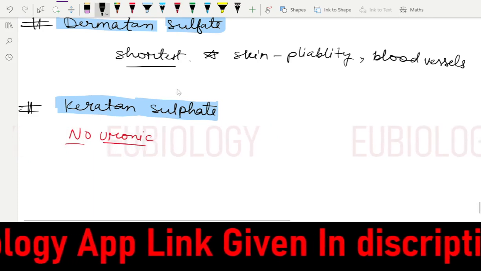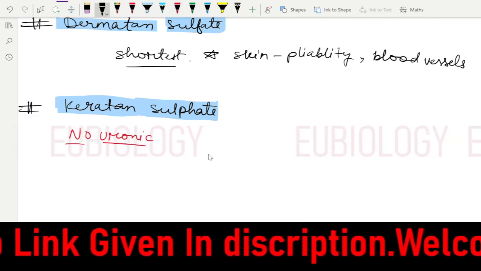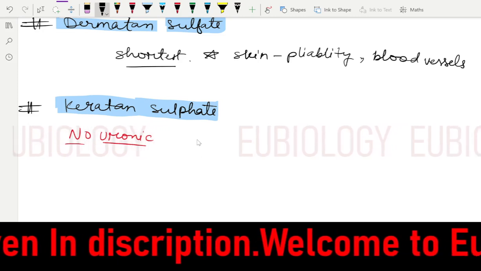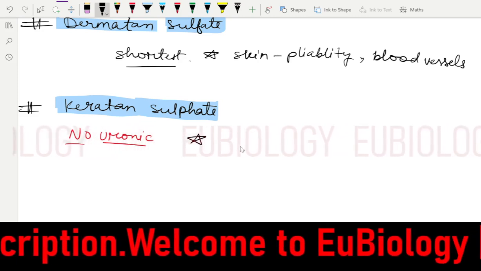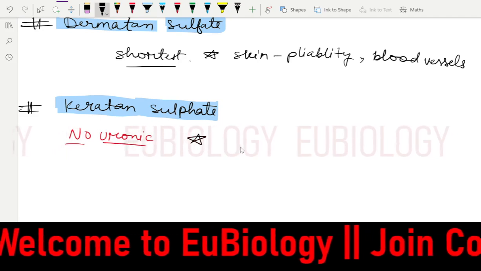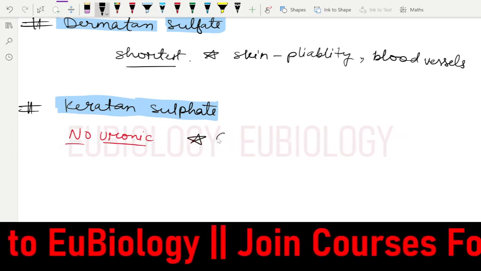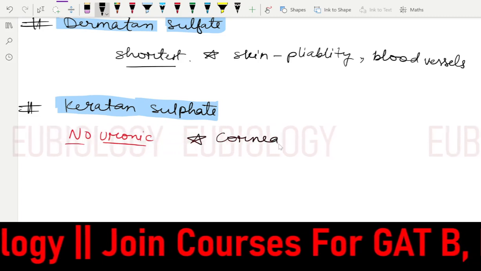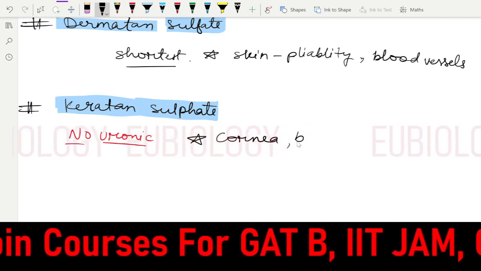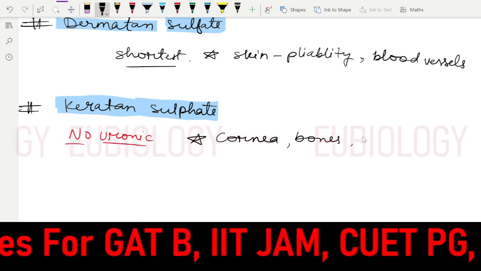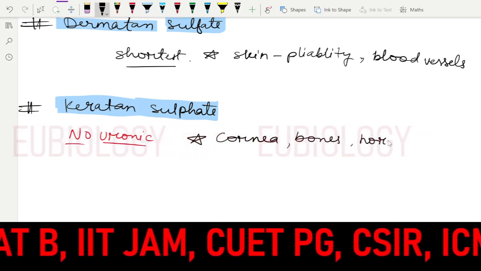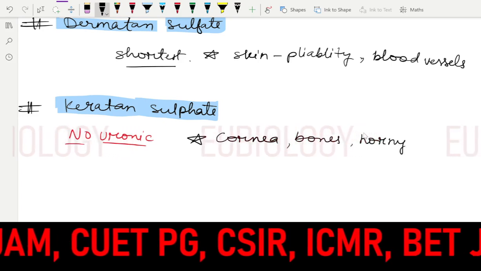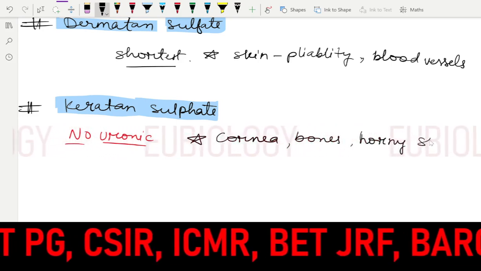Now, come to the point. So where will it be present? It is present in the cornea, bones, like horny structure. What is the horny structure?